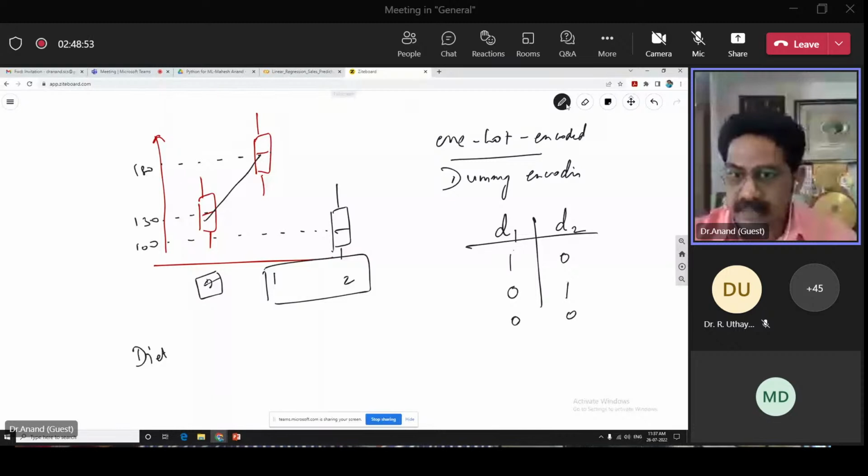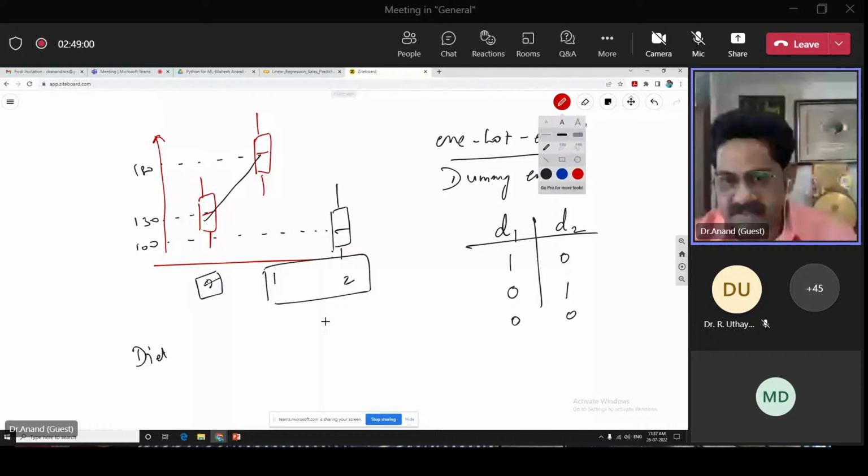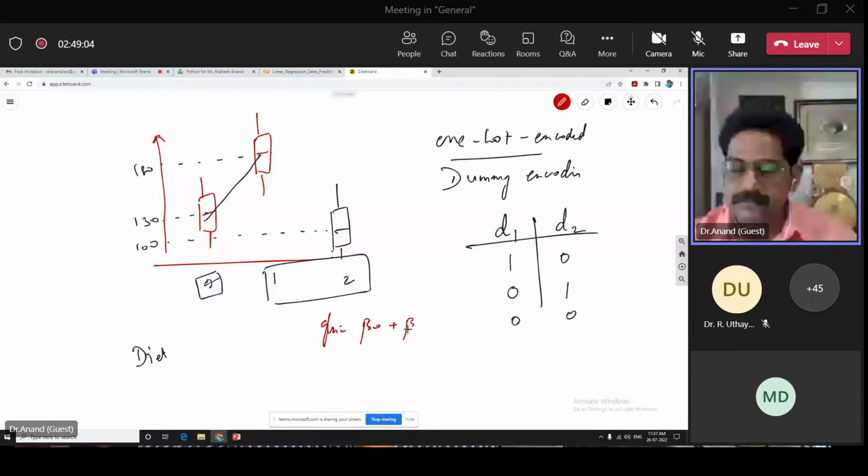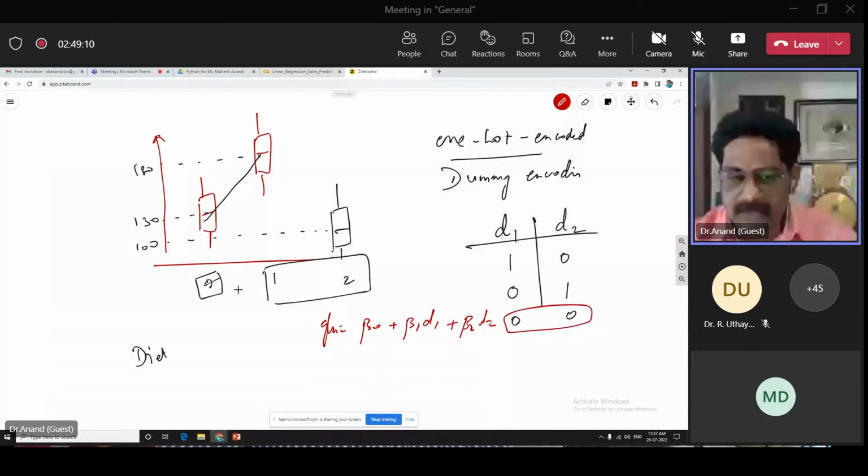Now your regressor model tries to learn the categories in this manner. So GLU is equivalent to beta naught plus beta 1 times dummy encoding 1 plus beta 2 times dummy encoding 2. Whenever it is 0, 0, it means presence of the diet plan 0 category, and the model should predict 130. So easily you fix beta naught as 130.